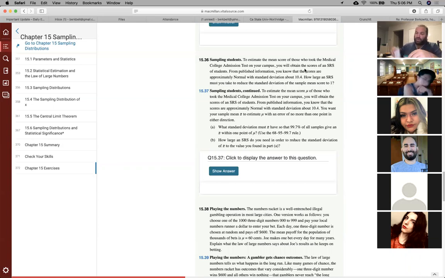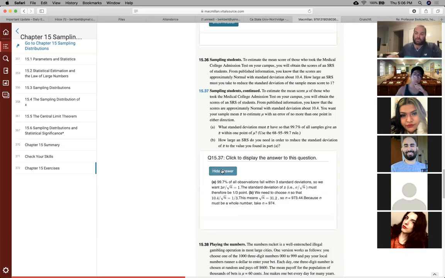And we always go up when it comes to numbers, so n is 974. Let's look at their work. It'll be exactly the same as mine. We need to choose n so that 10.4 over the square root of n is 1/3. I did 3 times that is equal to 1. Same thing. The square root of n equals 31.2. So n equals 973.44, and because n must be a whole number, take n equal to 974.